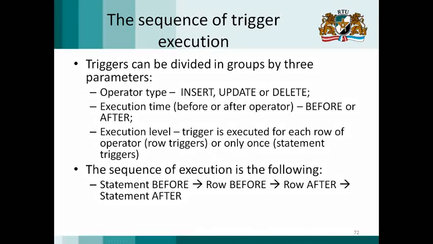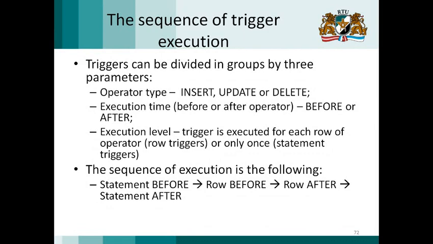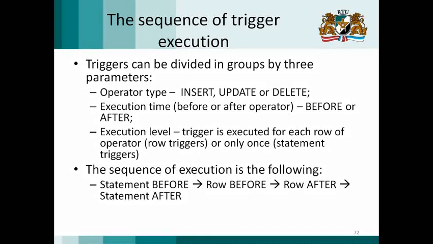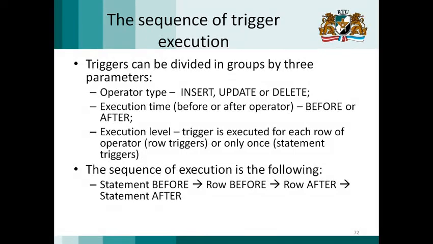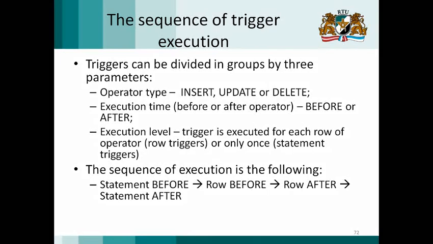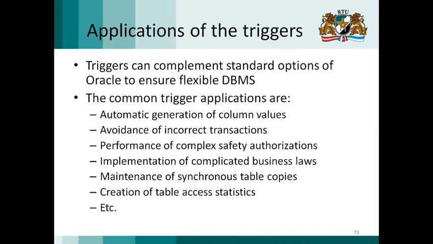At first, we execute all the triggers that are before this statement that are executed only once for the whole statement. Then we execute all the row triggers for the statement that are before the statement. Then we execute all the row actions after this statement. And then we execute triggers that are after this statement and are executed only once per statement. So this is the sequence they are executed.